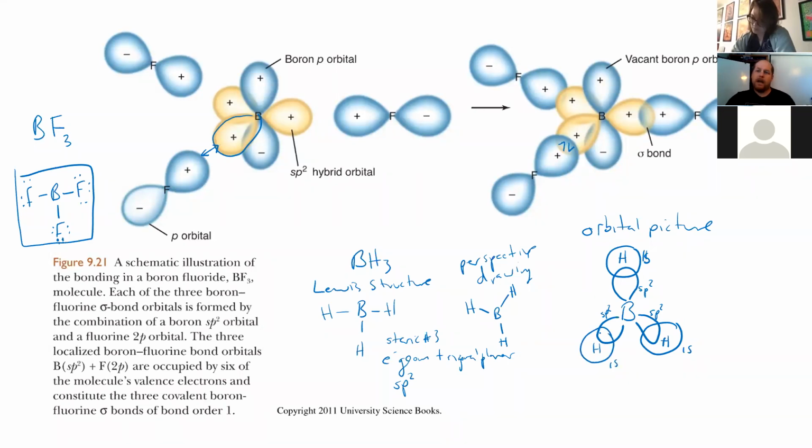They're going to share electrons in those overlapped regions. So that would be an orbital picture of how the orbitals overlap to make this boron trihydride.